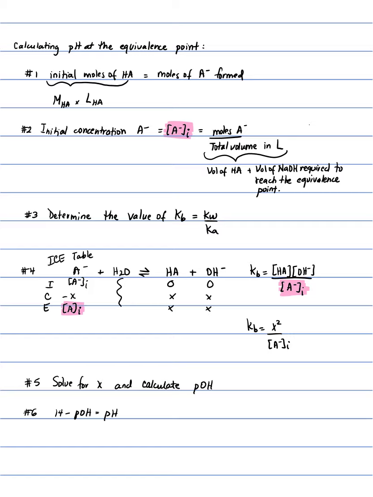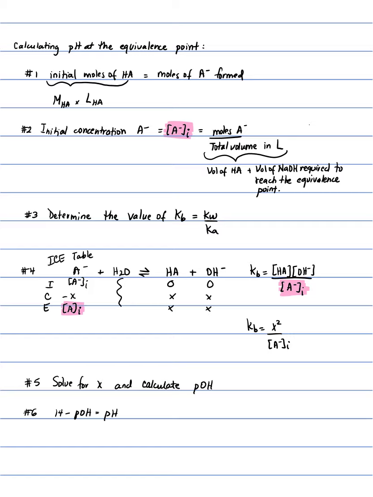So if you're given the Ka for the acid, which you will have, you can use the Ka value and the Kw to find out the Kb that you need to solve the ICE table for your pH value at the equivalence point. So Kb is equal to your Kw divided by the Ka value that you're given.